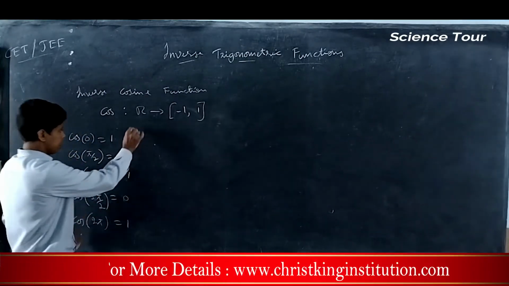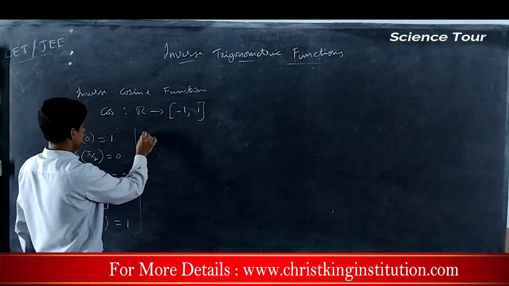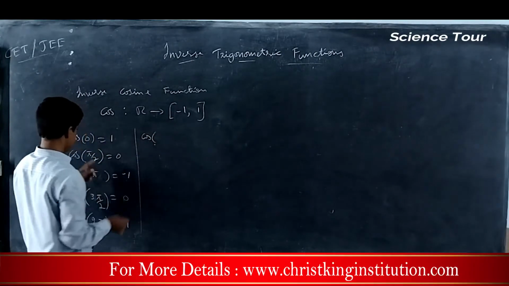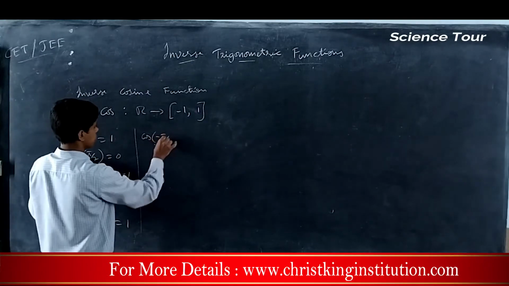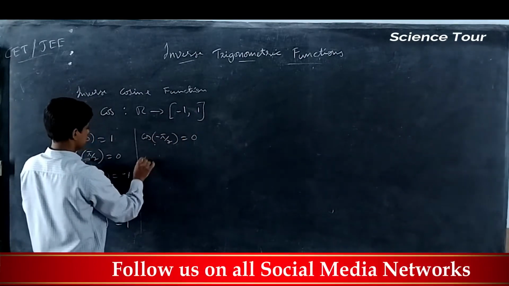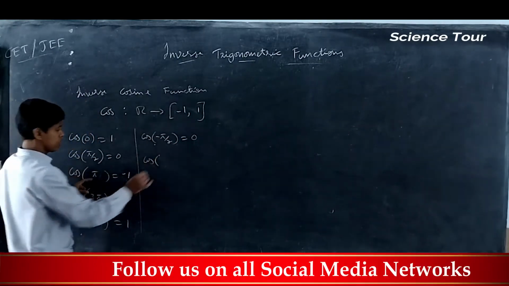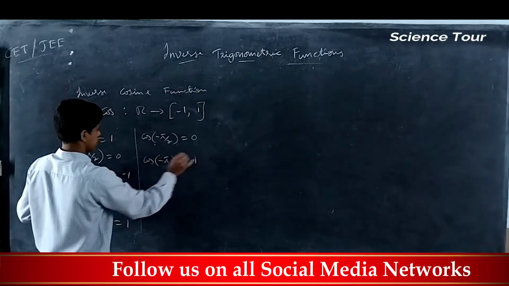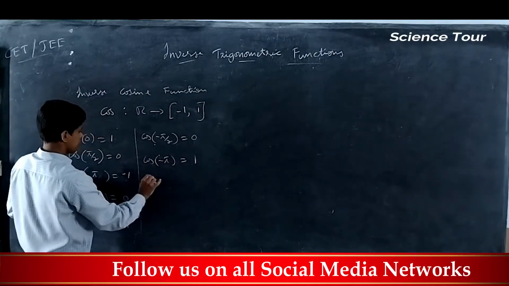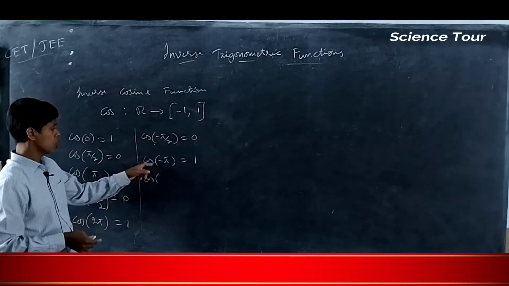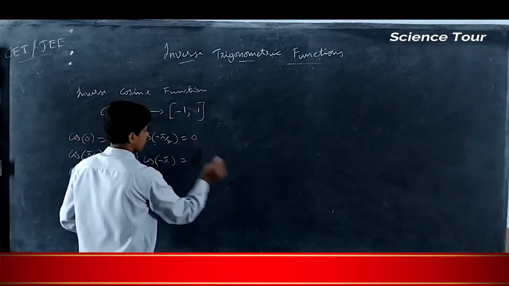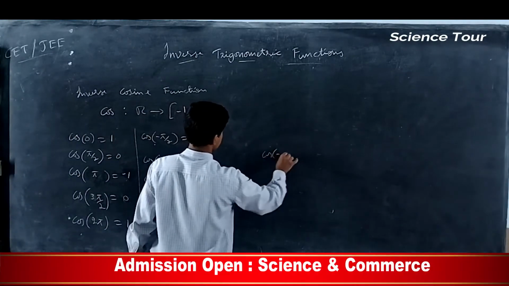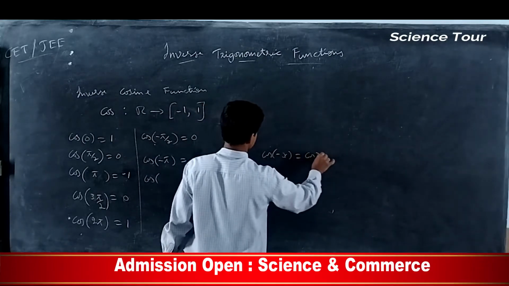Well, if you talk about the negative side, then cos of minus 90 is 0, cos of minus 180 is minus 1, and so what about cos of minus pi? Cos minus x is equal to cos x.